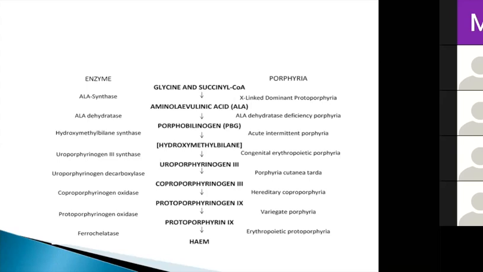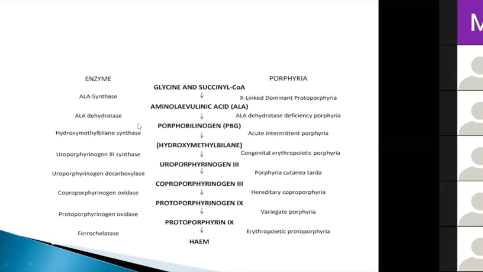So in the first step, which occurs in the mitochondrion, glycine combines with succinyl-CoA with the help of an enzyme known as aminolevulinic acid synthase to produce aminolevulinic acid, which I will refer to as ALA for the rest of the presentation. ALA will combine with another ALA with the help of an enzyme called aminolevulinic acid or ALA dehydratase to form porphobilinogen.